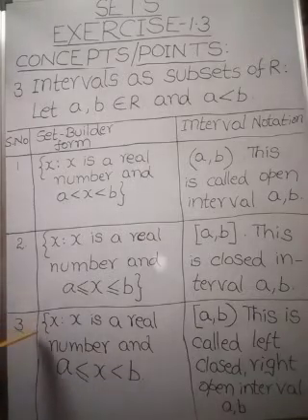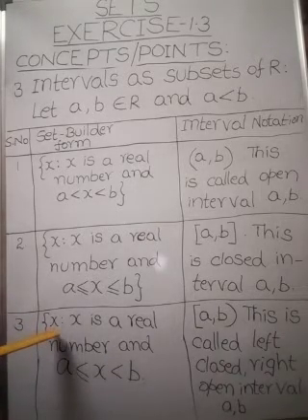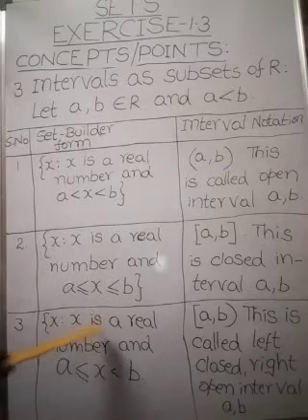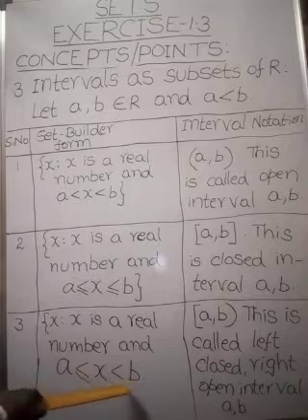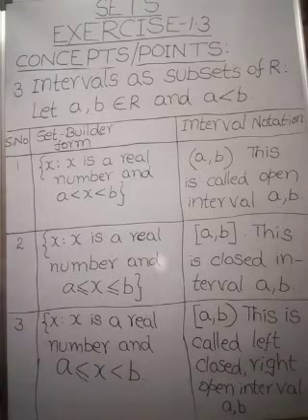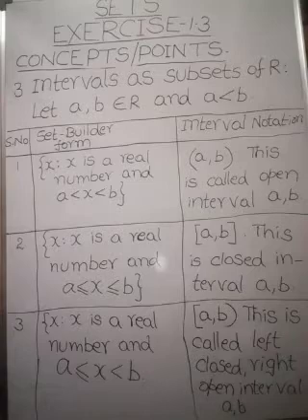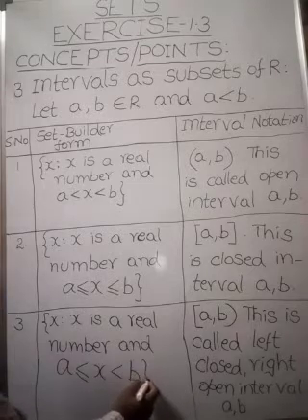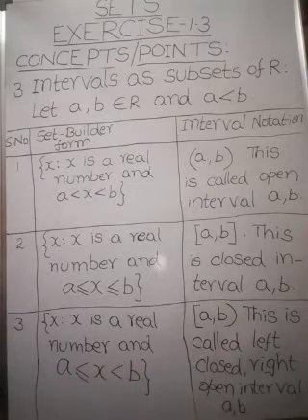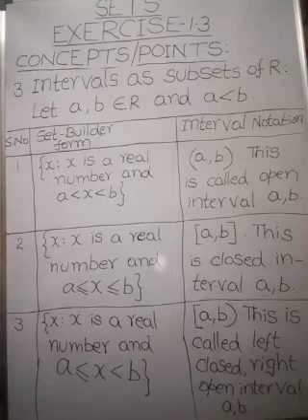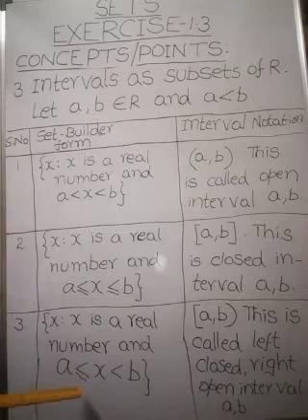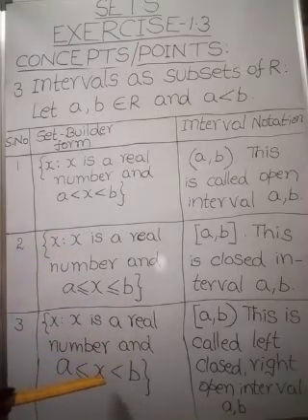Right. Now come to the third interval. Set of all x such that x is a real number and a is less than or equal to x less than b. In this interval, this endpoint a is an element, whereas b is not included. b should not be an element in that interval. This is the set builder form of this interval.